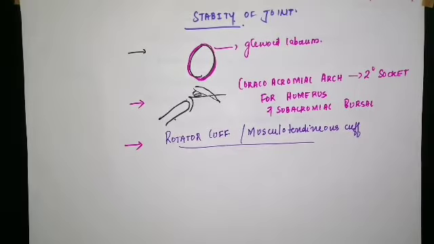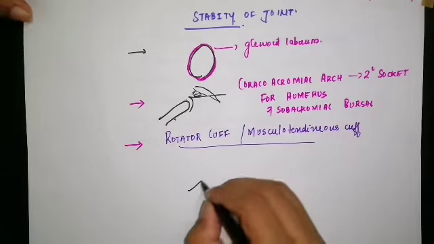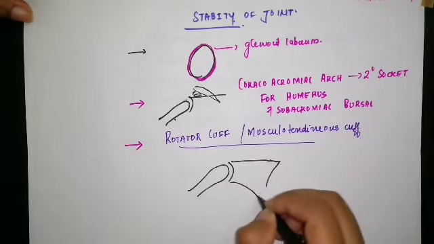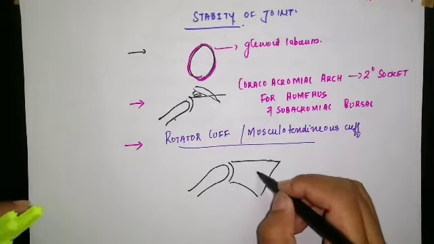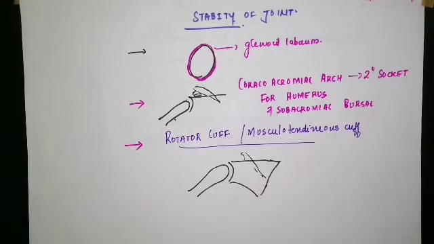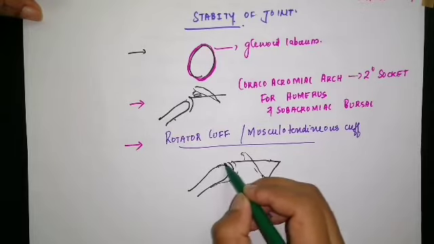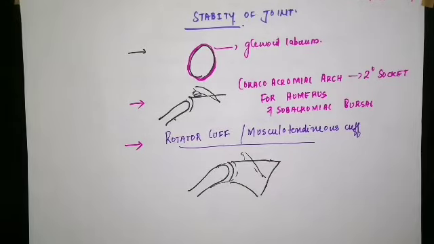We know that the capsule of the shoulder joint is very lax, and because of that it is unstable. The rotator cuff muscles originate from the scapula and their tendons get inserted onto the capsule of the shoulder joint. This is the capsule.